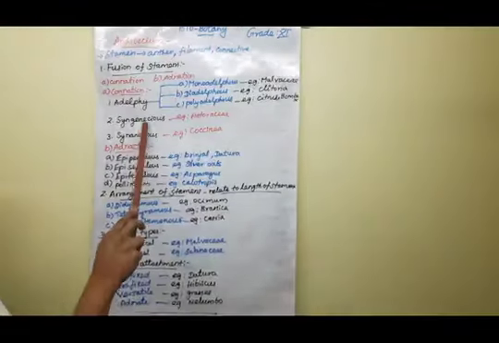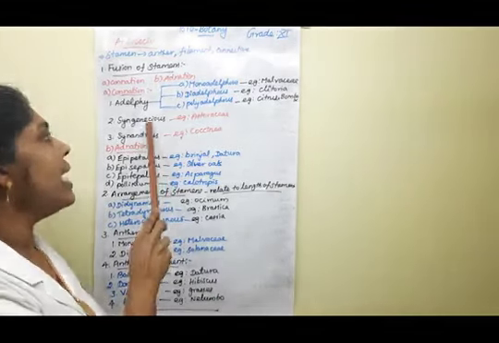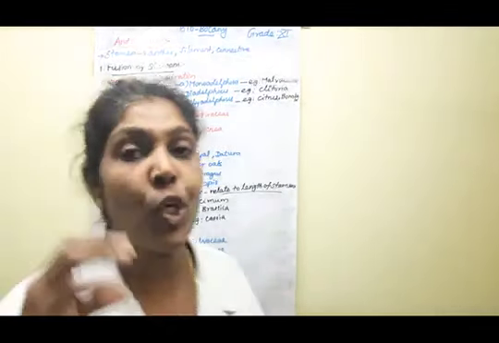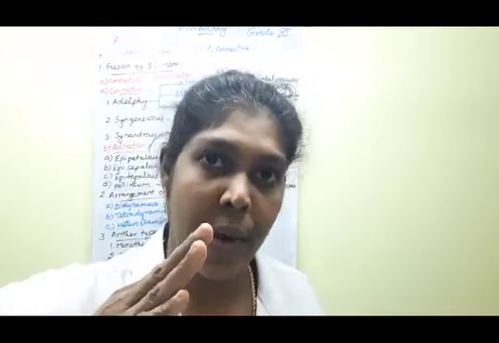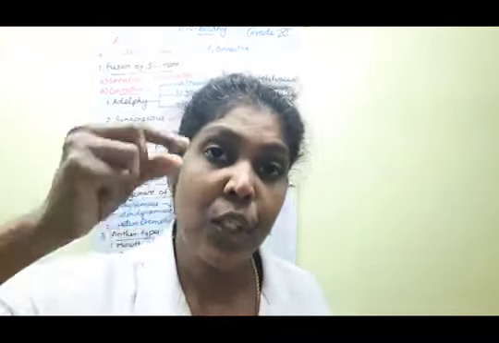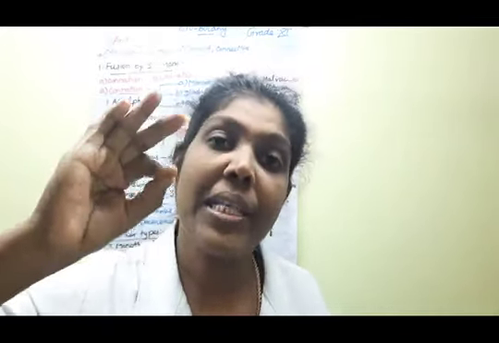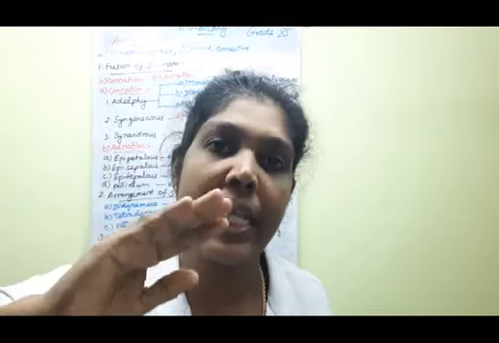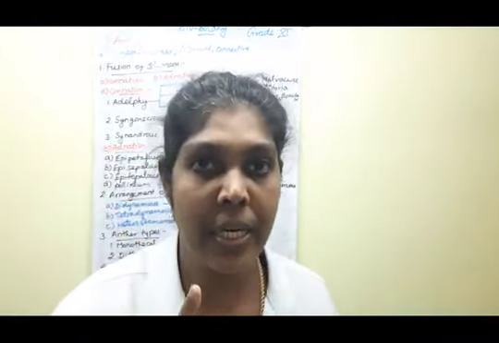Then two more subtypes are there: syngenesious and synandrous. Clear? Listen carefully. Syngenesious means the anthers are joined, but the filament part is free. That condition is known as syngenesious. Understood?